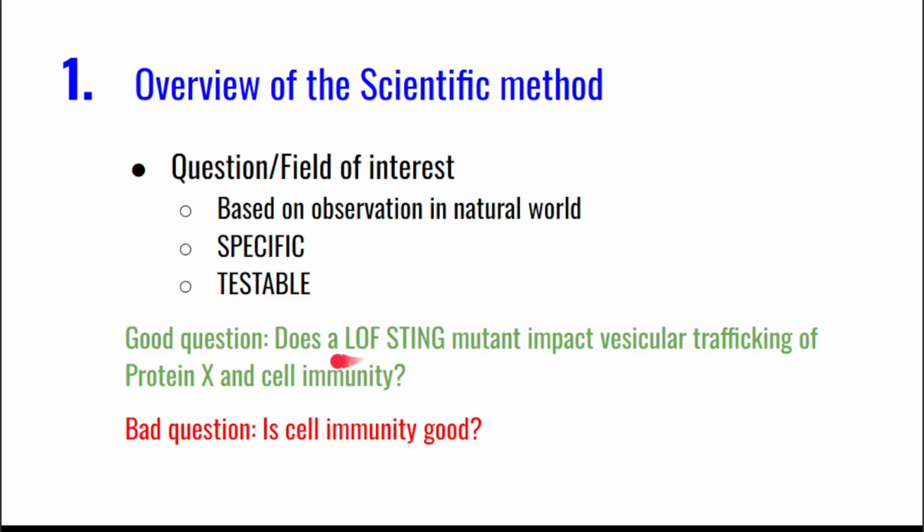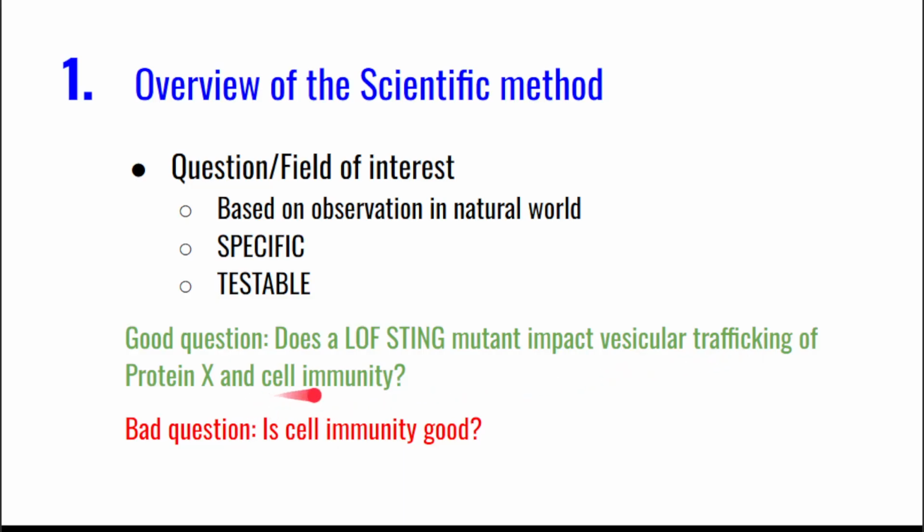So this protein that normally works and normally has a pretty important role in cell immunity, and we basically inactivate it and compare it back to a functional protein, do we see a difference, right? Do we see a difference in vesicular trafficking? So that's one of the specific things that we're looking at.